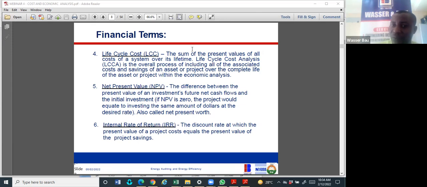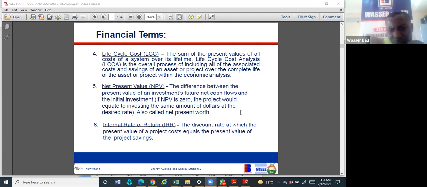So simply put, if I buy a laptop for 200,000 and I use it to work, and I make 300,000, and the laptop died, let's say, the salvage value is zero. It means my net present value is 300 minus 200, because the inflow is 300 and the outflow is 200. So the net is 100.